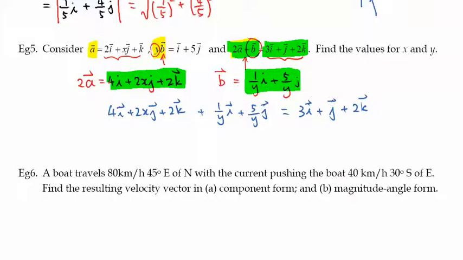So these i, j and k are all unit vectors.